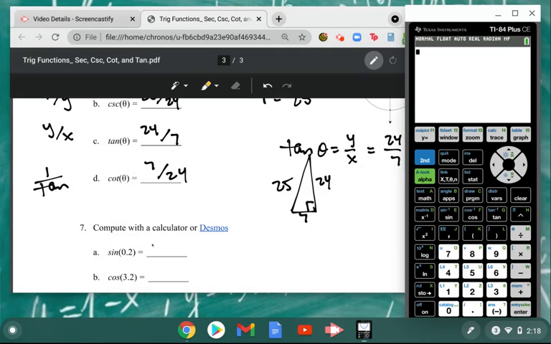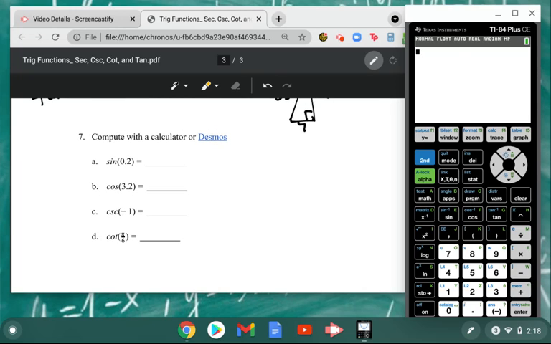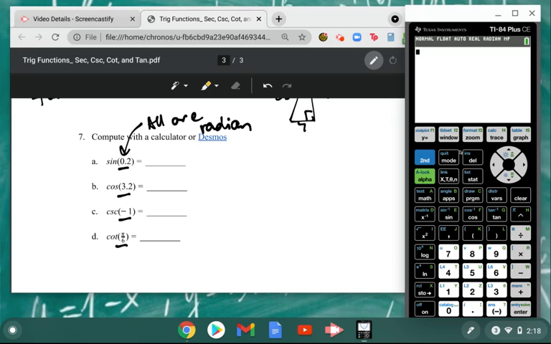As I'm looking through these problems here, notice how none of these have a degree symbol. That means that all are radian measures. One of the things that will mess you up in this class when you're using your calculator is not putting it in the correct mode.